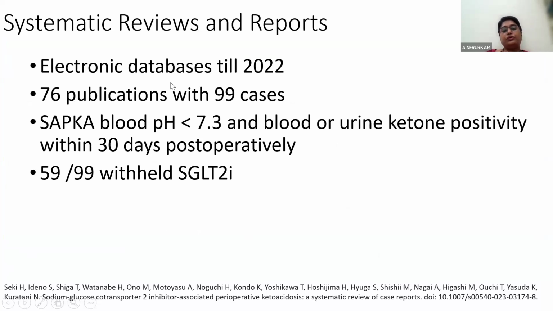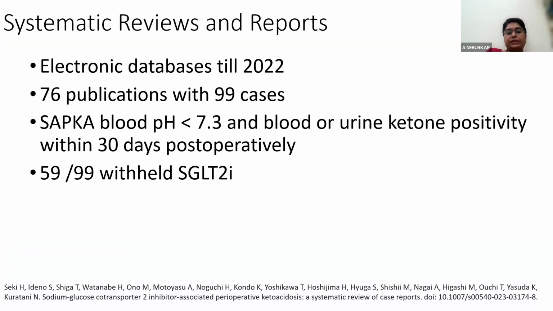They studied all the electronic databases till 2022, found 76 publications with reported 99 cases of SGLT2 associated postoperative ketoacidosis. This was defined as a blood pH less than 7.3 and blood or urine ketone presence within 30 days postoperative.